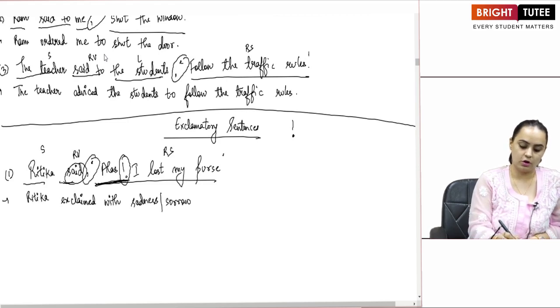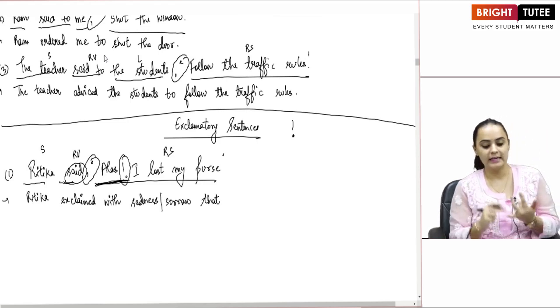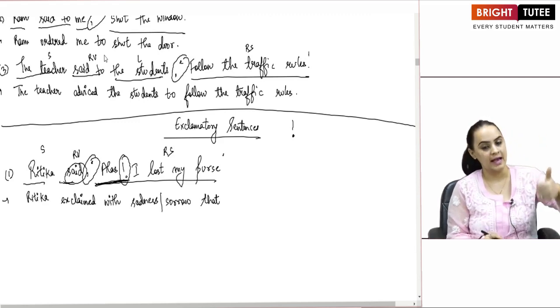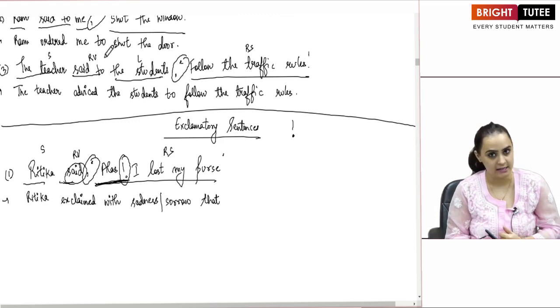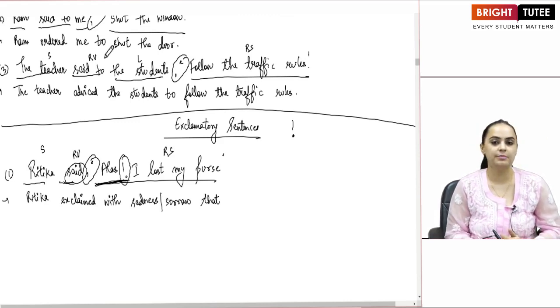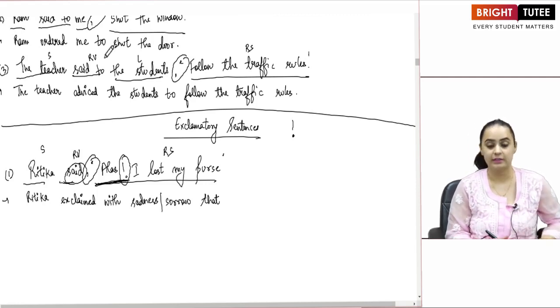We remove the commas and we again put that. So, only in case of assertive and exclamatory sentences we use that. Interrogative and imperative will not use that. So, Ritika exclaimed with sadness or sorrow that.